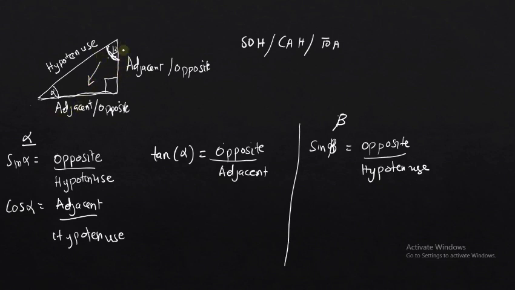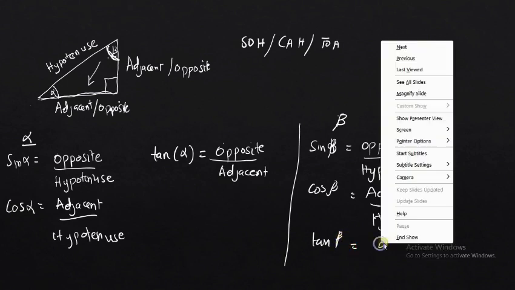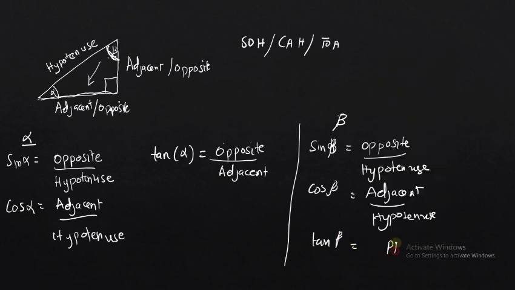And this will be our adjacent. So our cos beta will be equal to adjacent over the hypotenuse. And then tan beta will be equal to opposite over adjacent.